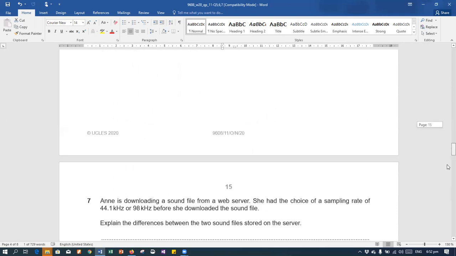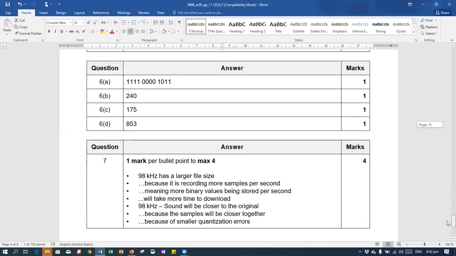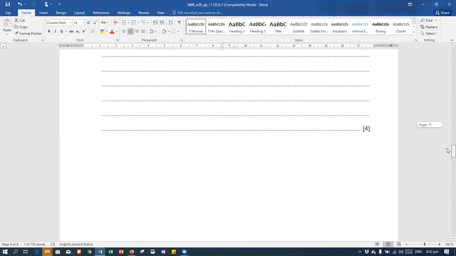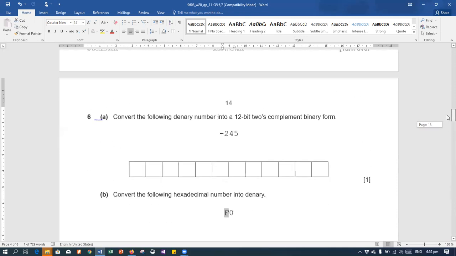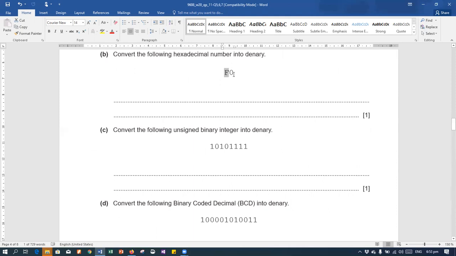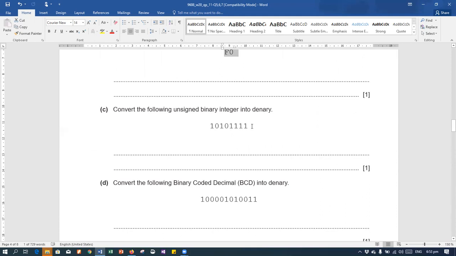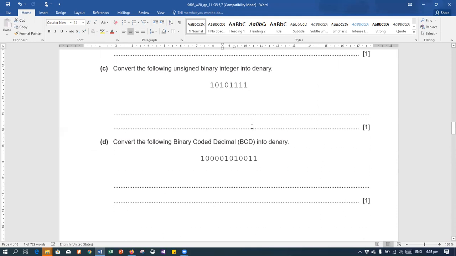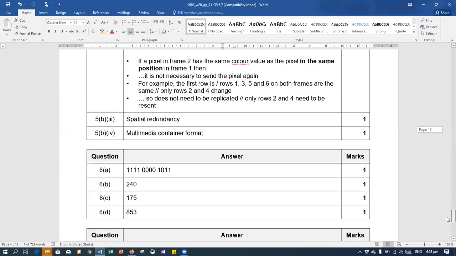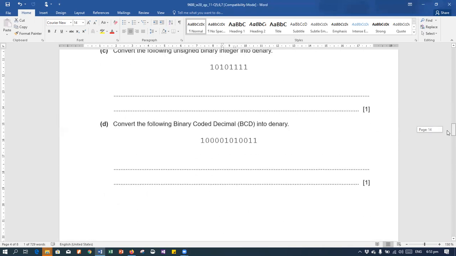Exactly, 4 ones and 4 zeros, that's correct. But it should be converted into denary, not binary. It's 240 technically, because 1111 0000, and then when you make 8-bit, it's 240. Okay. What about this? Binary to denary? 175. Let's have a look at it. That's 175. Okay.